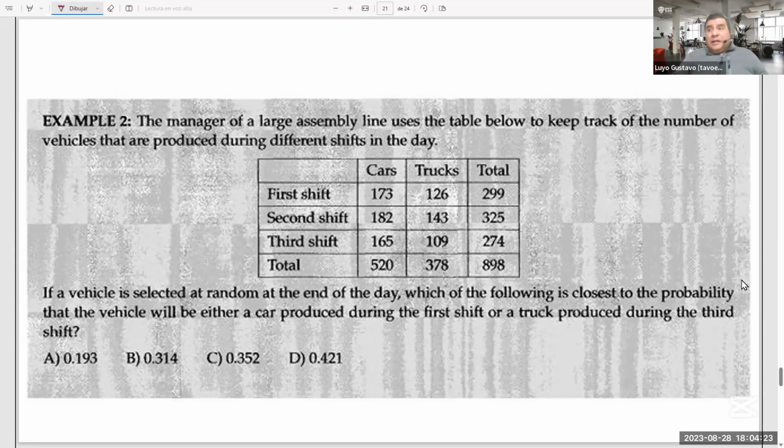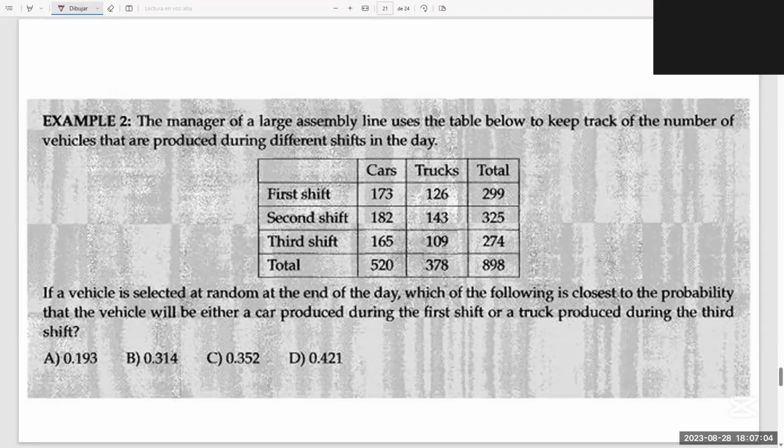Okay, you can use your calculator, of course, no problem. Try this one to see what happens. Okay, let's see, people. Question 2.